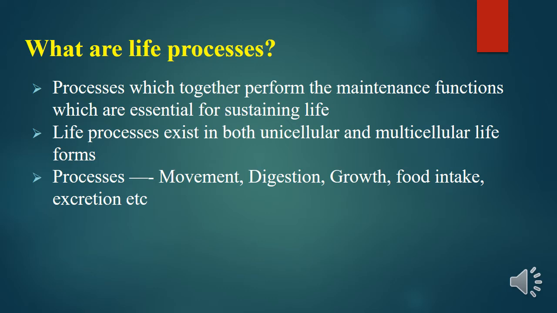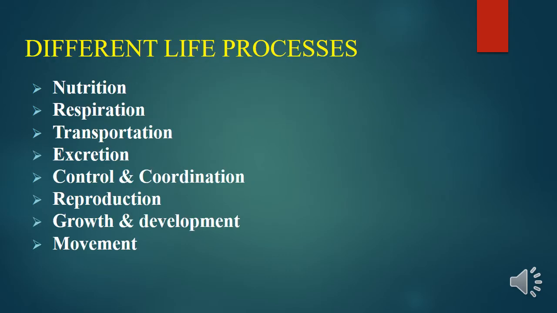The processes we have in mind are the movement of an organism, digestion, growth, intake of food, excretion, etc. The different life processes that we are going to learn here are nutrition, respiration, transportation, excretion in this life processes chapter, and the control and coordination. In the next coming chapter, we have reproduction, growth, development, etc.